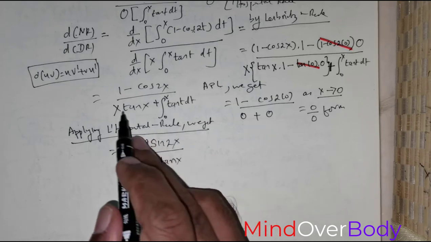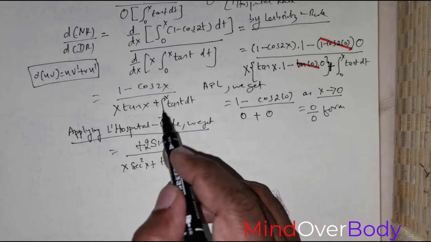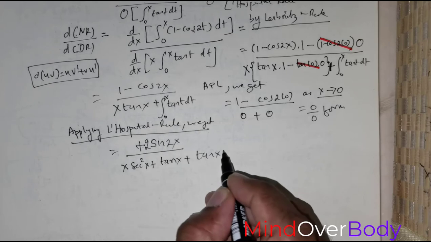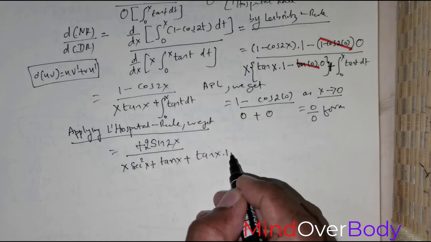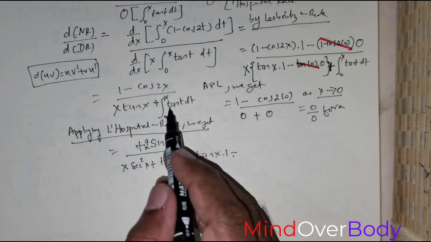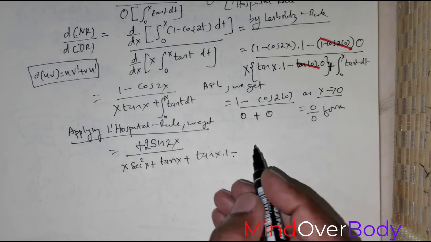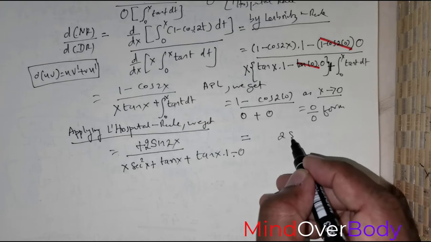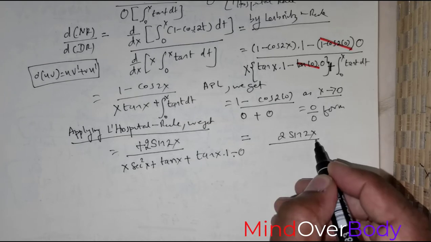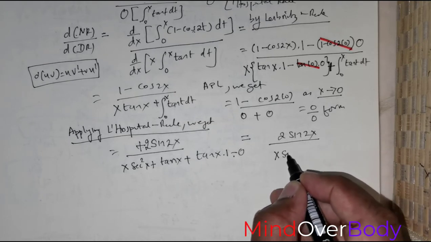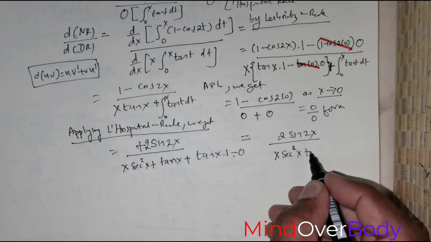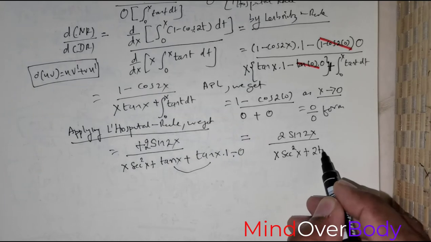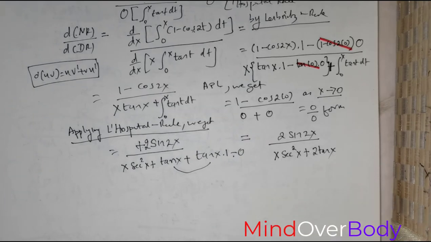Tan x times differentiation of x is 1, positive. I need to differentiate this. Tan x times differentiation of x is 1, negative tan of 0 times differentiation of 0, so that's going to be 0 there. So this is equal to 2 times sine 2x divided by x times secant squared x, positive tan x, and tan x. This is going to be 2 times tan x.